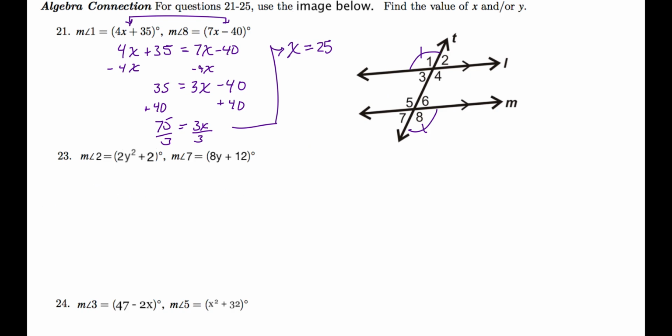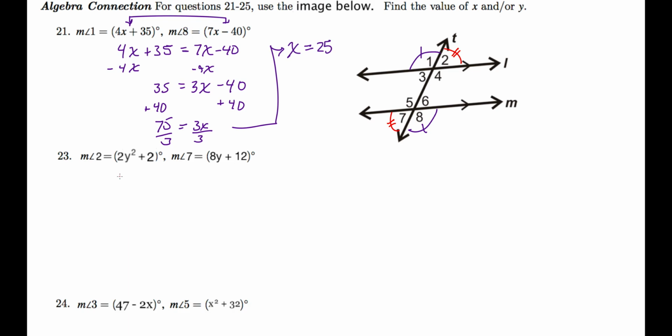Let's take a look at this next one here. 2 and 7. Well, these are actually also alternate exterior angles, just on the other side. So they're equal.